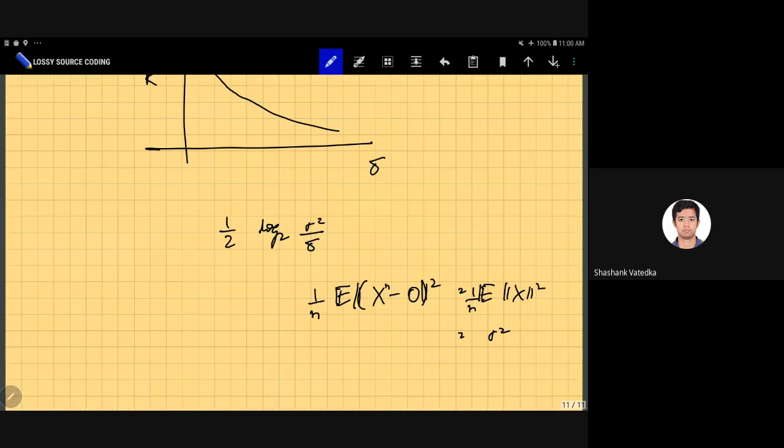So you can always achieve a distortion of sigma square. Okay, sir. Right? Any other questions?